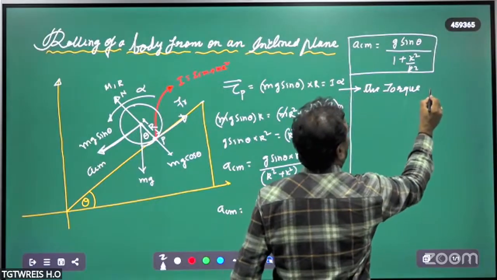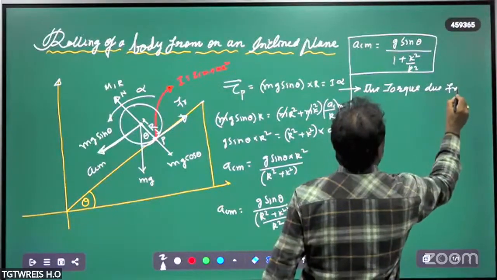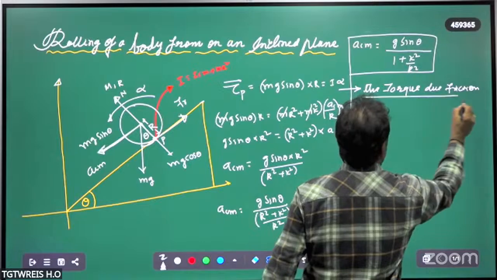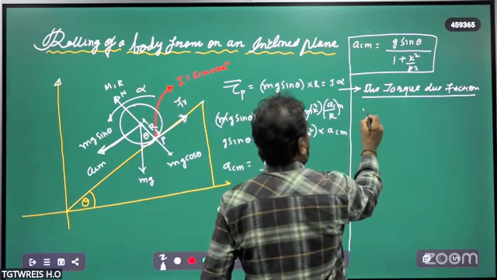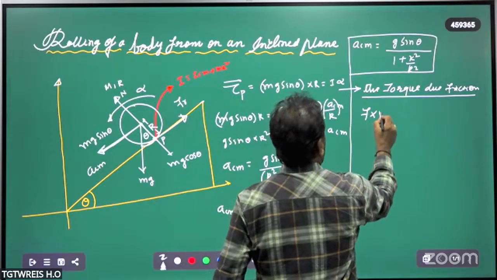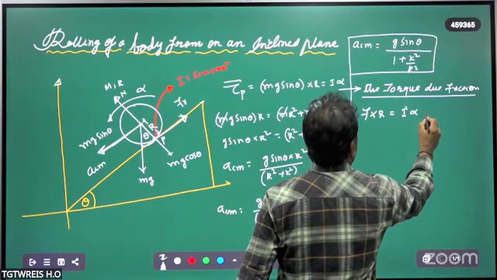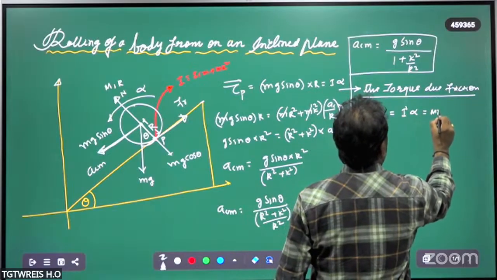The torque due to friction about this point of contact is given by F cross R is equal to I dash into alpha. What is the I dash value? I dash is equal to mR square.